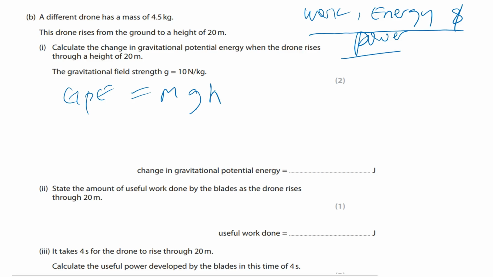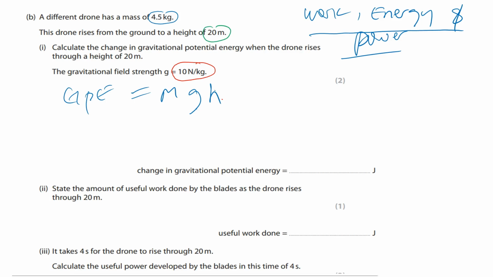Our mass is 4.5 kg. Our g, the gravitational field strength, is 10 Newton per kilogram, and our h, the height, is 20 meters. So let's put everything into the equation.